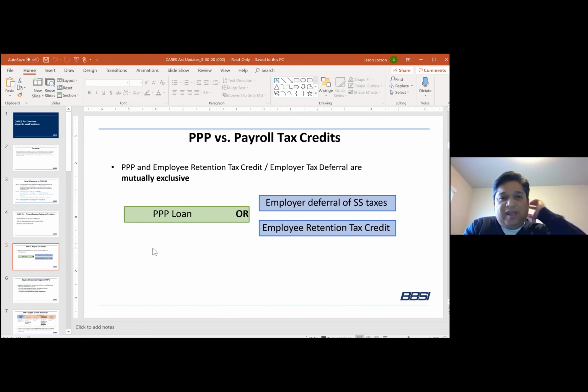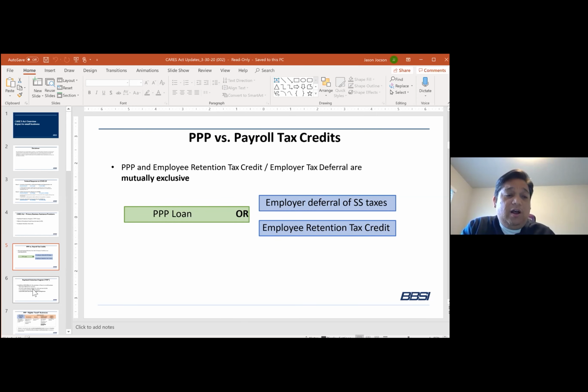So the CARES Act has basically 3 components. First of all, can you see my screen? Yes. Okay. So there is the PPP, the Payroll Protection Program, and then there are the payroll tax credits, which are the employer deferral for Social Security and employee retention tax credits.